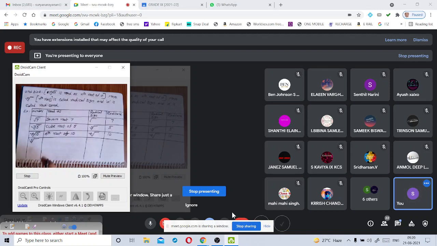This is read as fifth root of 35. In this example, the radical sign is fifth root and the radicand is 35.